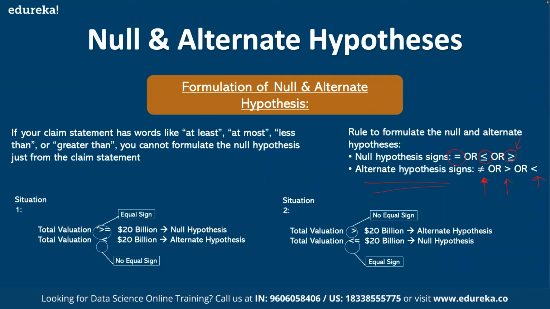In this example, I have made use of the greater than or equal to sign, hence in my alternate hypothesis I've got less than. In my null hypothesis I've got greater than, and hence in the below one I've got less than or equal to. That's the overall way in which we formulate the null and the alternate hypothesis.